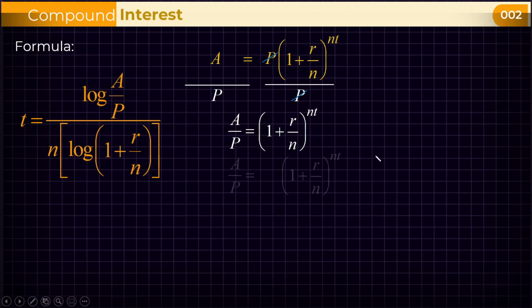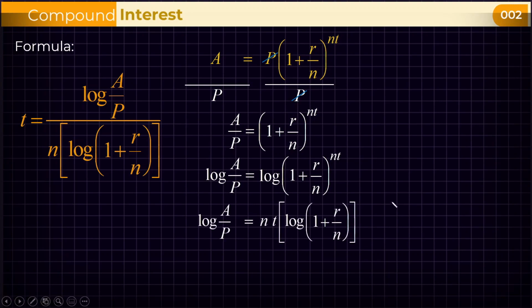We find the logarithms of both sides. By our exponential logarithmic property, we now multiply nt by the log of the expression 1 plus r over n, and that is equal to log of A over P on the left side of the equation.